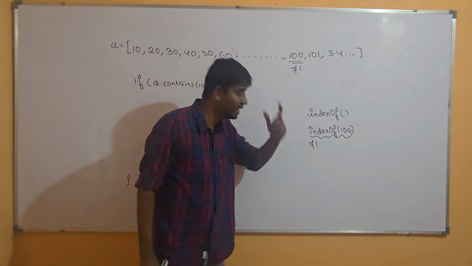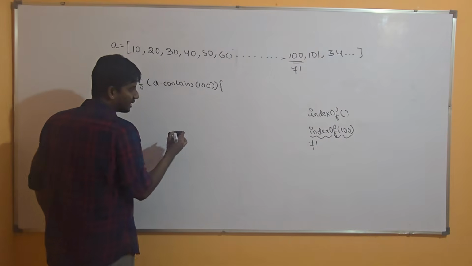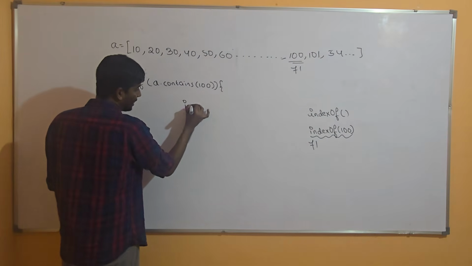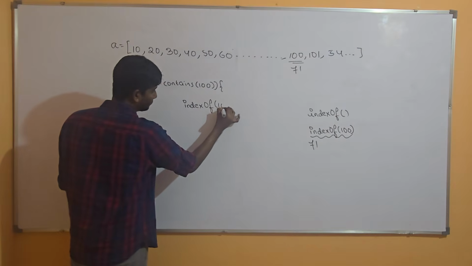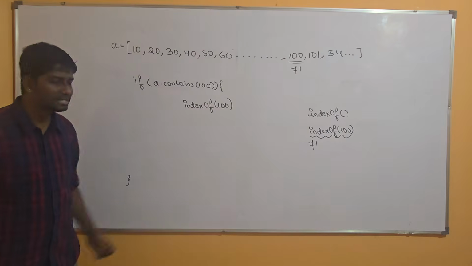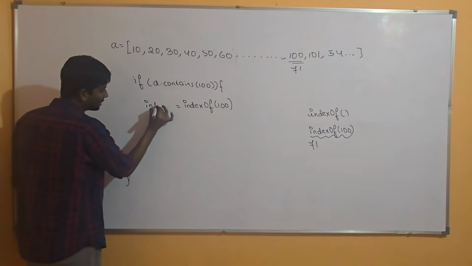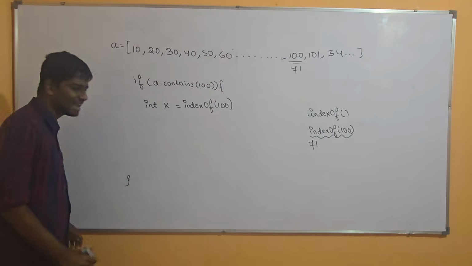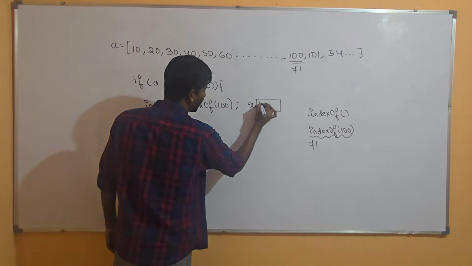What is the method name? indexOf. See here. I will write, if this condition is true, see what I am writing, indexOf 100. So what will this method do? This method is going to give me 71. For now, let me save it. Let me say I saved this number in a variable called x. With this, my x has a value of 71.